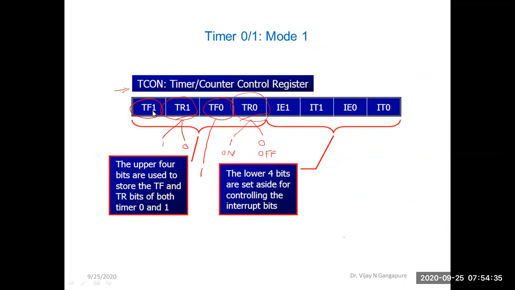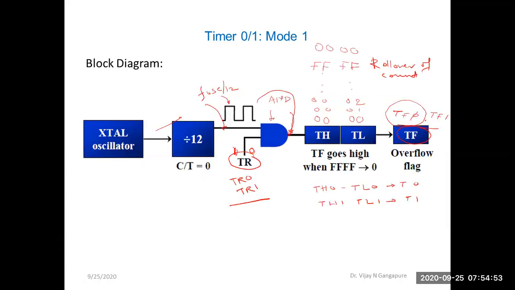The upper 4 bits are used for timer 0 and timer 1 from this TCON. So this is about mode 1 of timer 0.